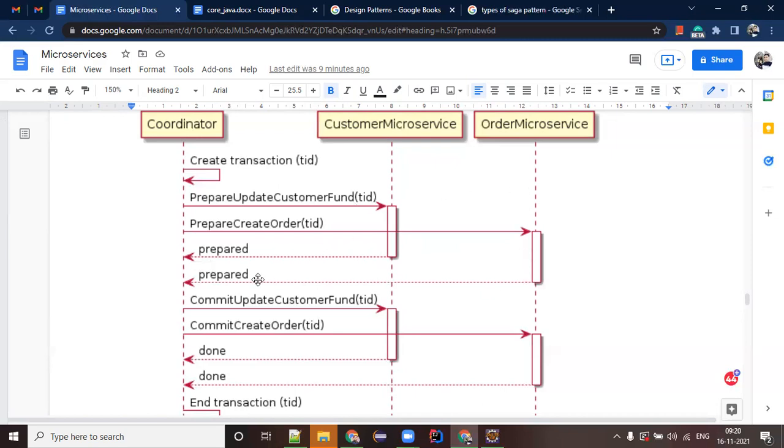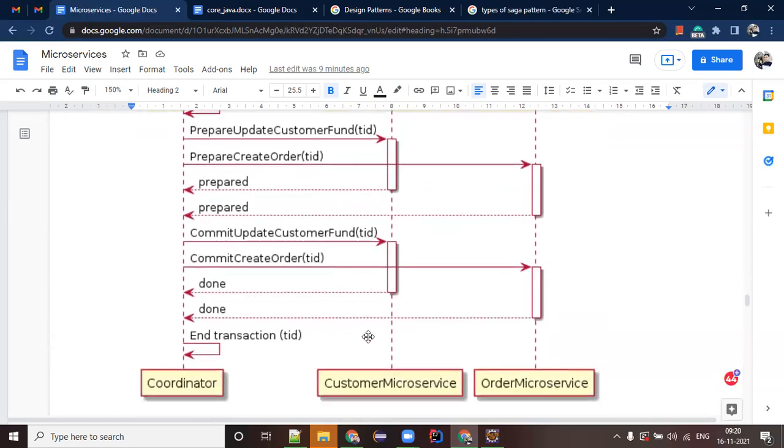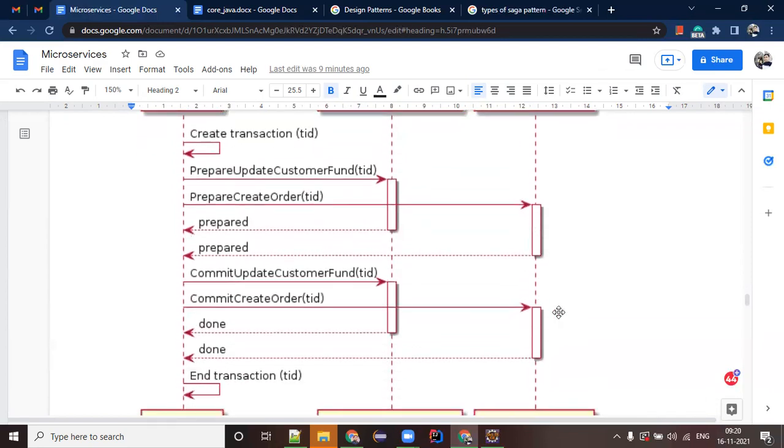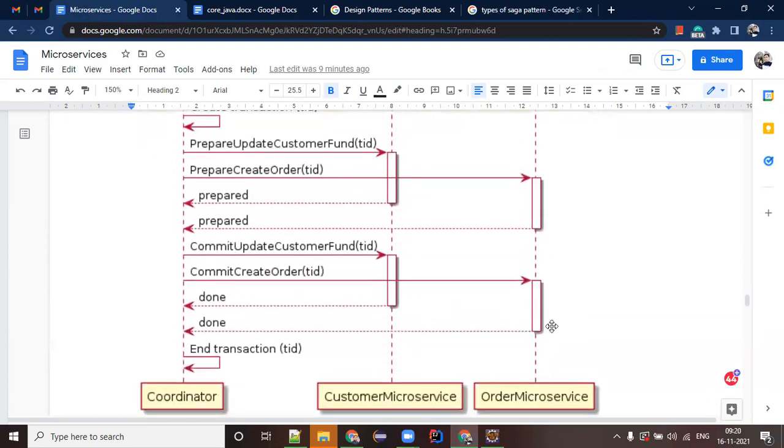The order microservice also tells prepared, and then after that commit update customer ID and commit order ID. Once the transaction is a success, finally the coordinator is notified that all the transactions are done, and then your transaction ends.